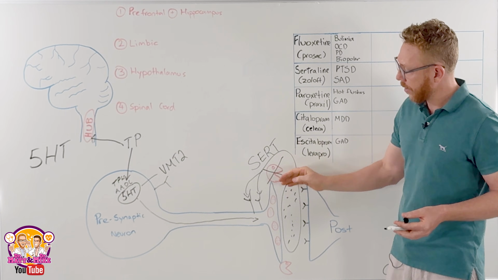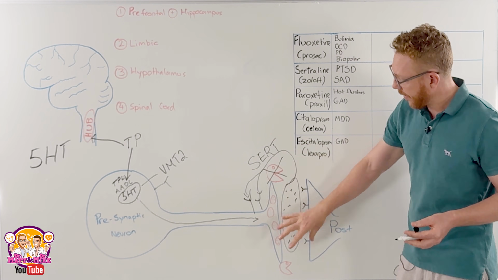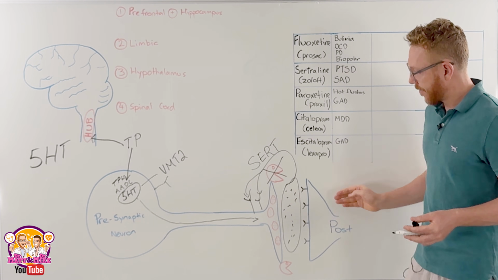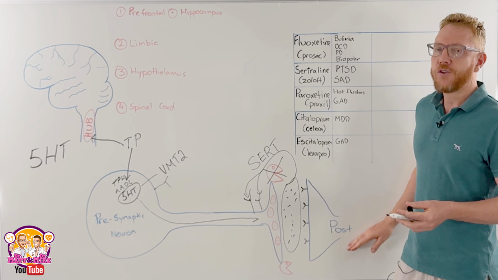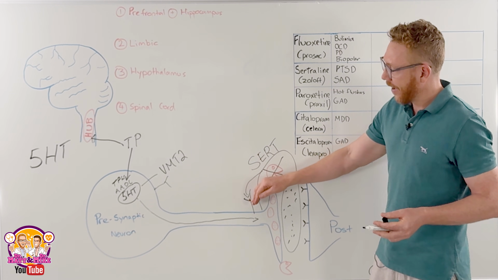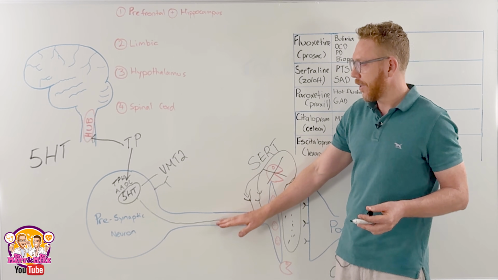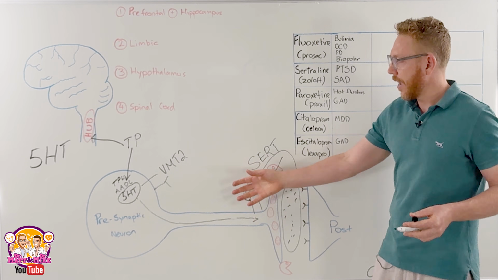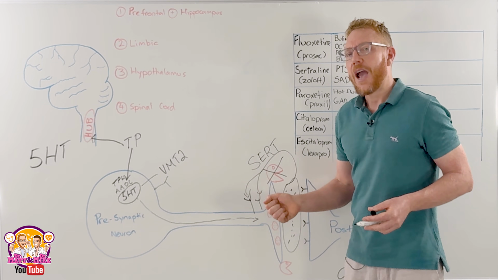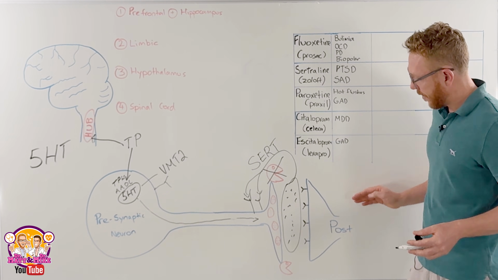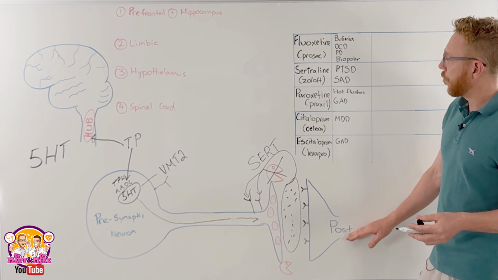We know that they block the transporter, but rather than just flooding the synapse to overstimulate the postsynaptic neuron, in the early few weeks it goes back and turns off the presynaptic neuron, but then it desensitizes and comes back with its activity. And that in turn will have an effect back on the postsynaptic neurons.